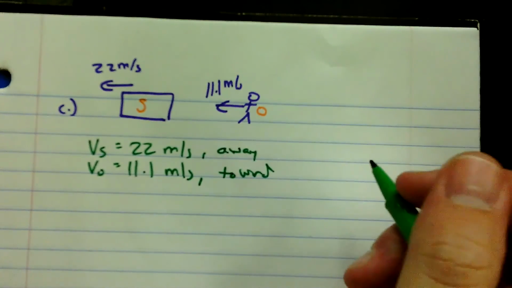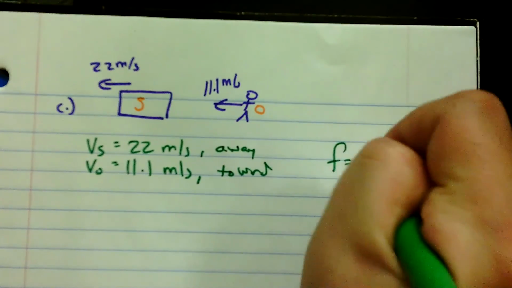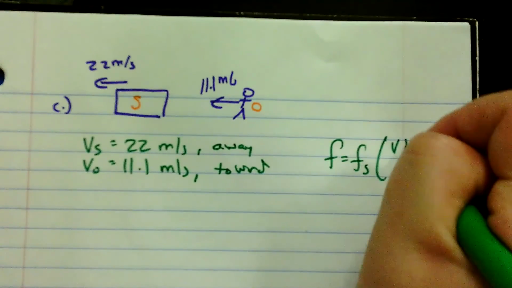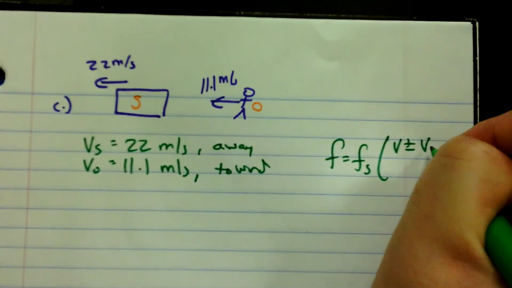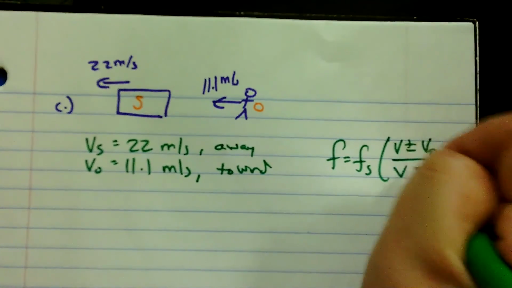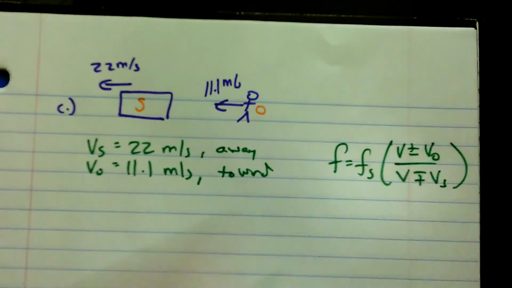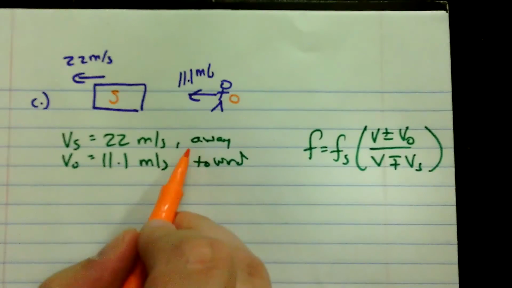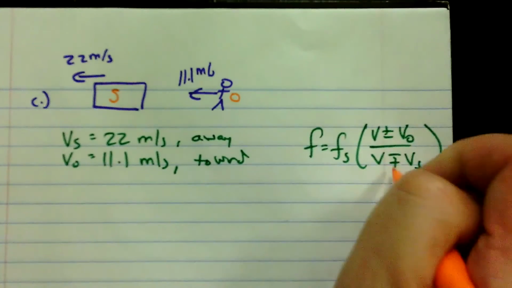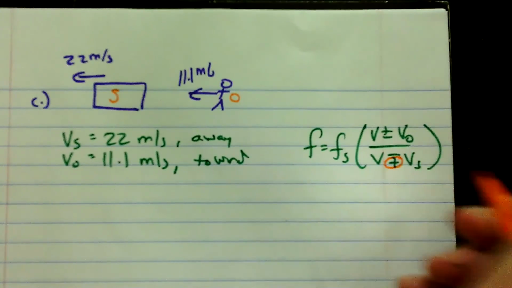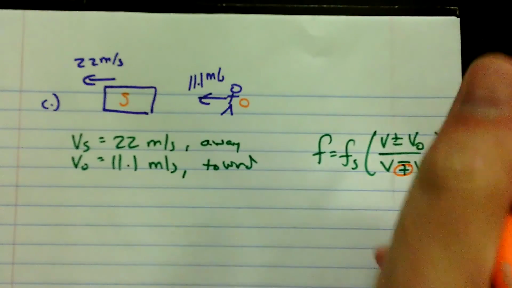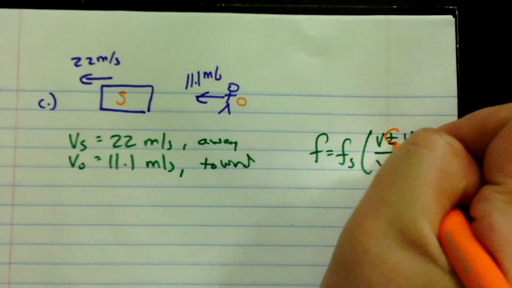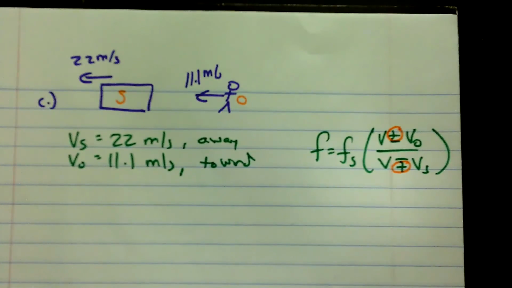So you got to be very careful. The source is going away, so away means bottom sign for the source. VO toward is a top sign. So in this case, they're both going to end up being plus.